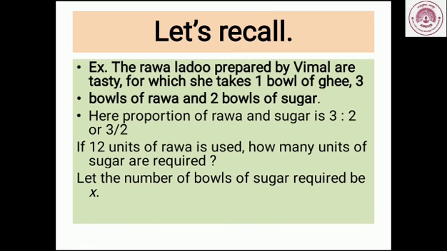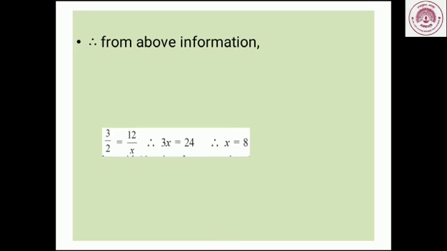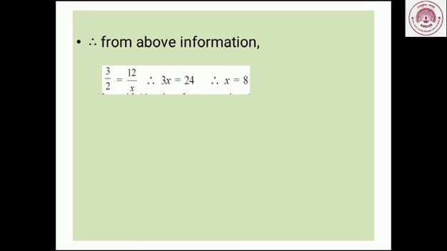Let the number of bowls of sugar required be x. From the above information, we get 3 upon 2, that is the ratio of number of bowls of rava to number of bowls of sugar, equals 12 upon x.